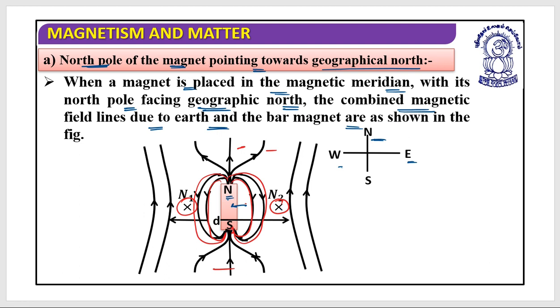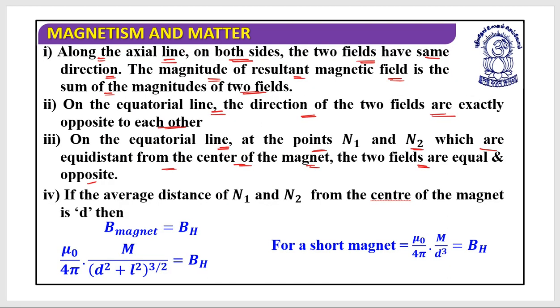These are the two locations where the magnetic field due to this bar magnet and the magnetic field due to the Earth's magnetism are equal and opposite to each other. So if they are opposite to each other, we can have the location of a null point. How will I find it out?